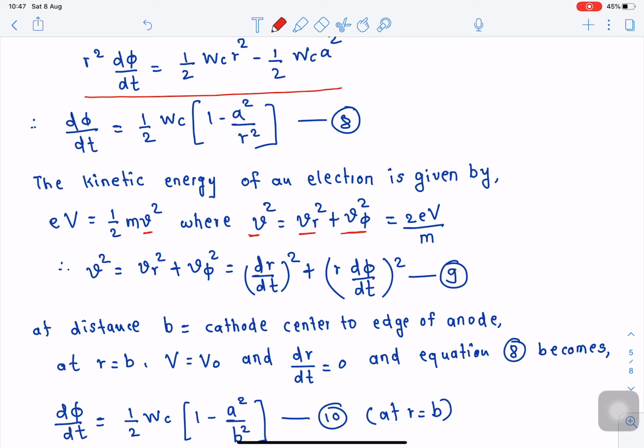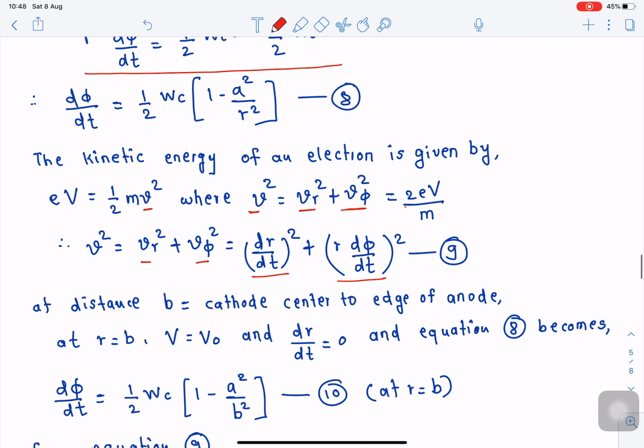This can be written as 2eV by m, that is nothing but the DC potential. So v square is equal to vr square plus v phi square. So vr square can be written as dr by dt whole square, and the velocity in the phi direction can be written as r d phi by dt whole square.